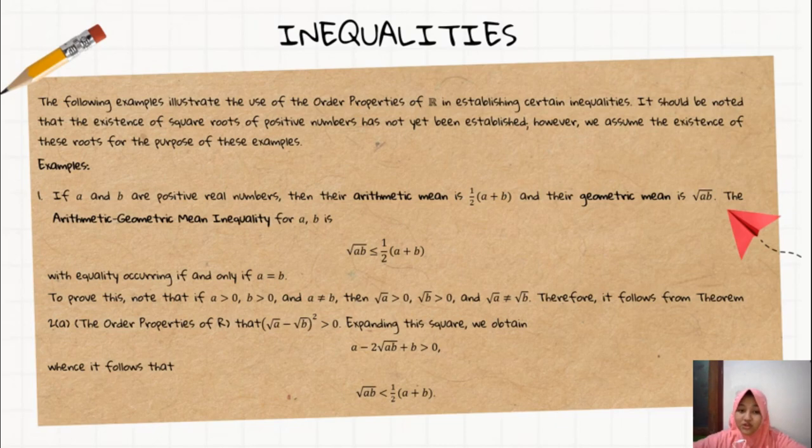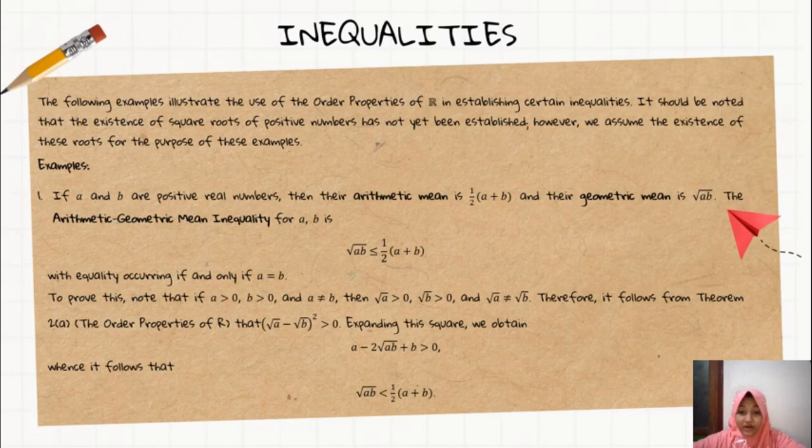To prove this, note that if a is greater than 0, b is greater than 0, and a is not equal to b, then the square root of a is greater than 0, the square root of b is greater than 0, and the square root of a is not equal to the square root of b. Therefore, it follows from Theorem 2a of the order properties of R that (the square root of a minus the square root of b) squared is greater than 0.